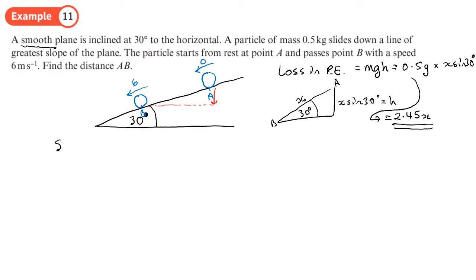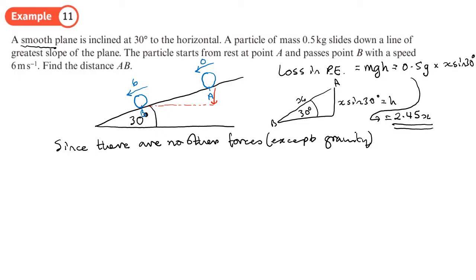Okay, so since there are no other forces except gravity, so there's no other external forces, what that means is that the loss in potential energy equals the gain in kinetic energy. No energy is lost, it remains constant.